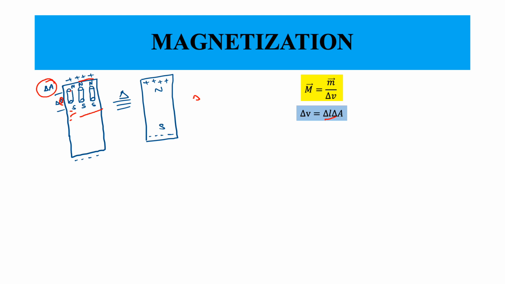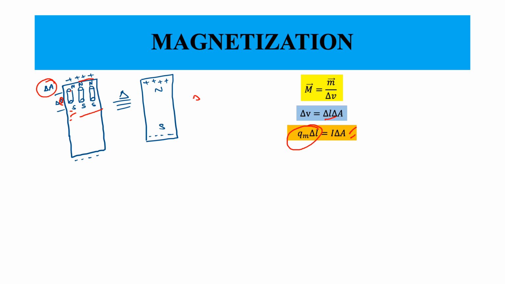So we can say delta V equals delta L into delta A, and the equivalent magnetic dipole moment is Qm into delta L. This is exactly the same expression you would have written for the electric case. So Qm delta L is the dipole moment, and this is also equal to the current carried by the loop multiplied by delta A, which would be the magnitude of the dipole moment.